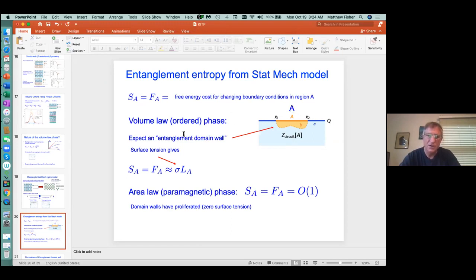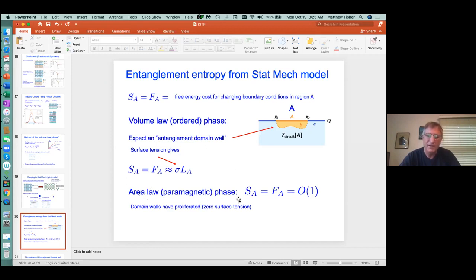And so in the volume law ordered phase, which is the ferromagnetically ordered phase of the spin model, one expects an entanglement domain wall. The entanglement domain wall has an energy per unit length, and that gives a free energy proportional to the surface tension times the length of the entanglement domain wall, and accounts for the volume law phase of the circuit.